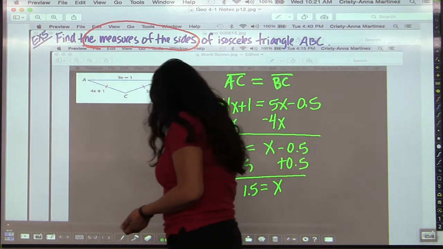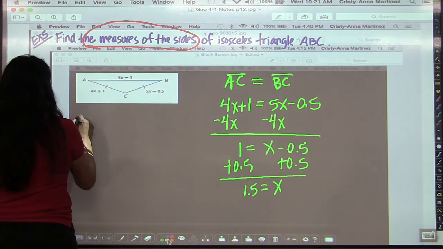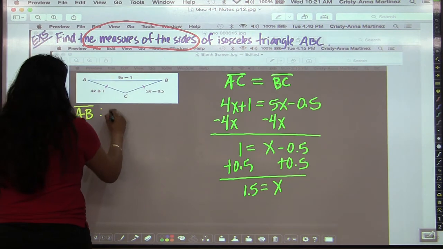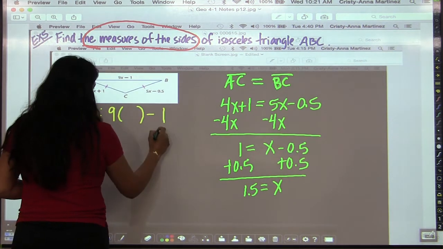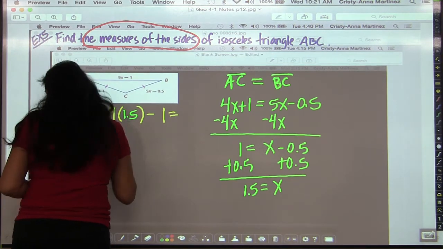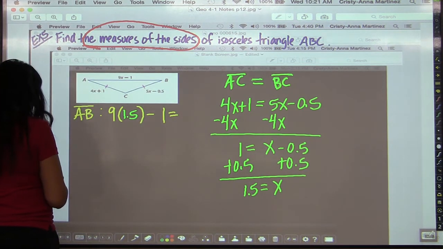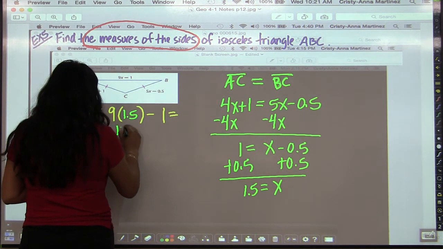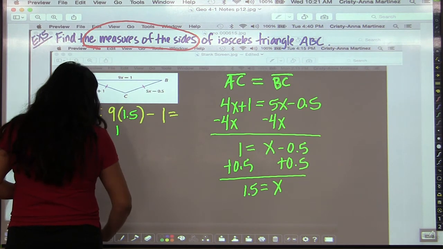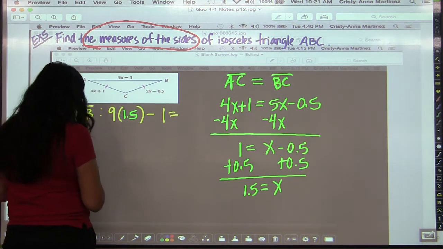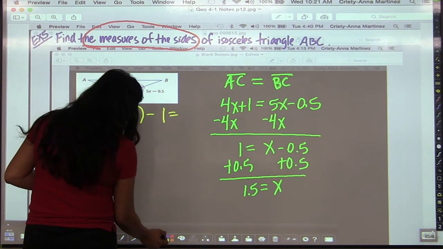So we're just going to go ahead and start with AB. For side AB, we're going to do 9 times x minus 1, and our x value is 1.5. So 9 times 1.5 is going to give us a nice number, 13.5. Well, I don't want to do it in that color. So we're going to get 13.5, and we're going to subtract 1, and we're going to get 12.5.